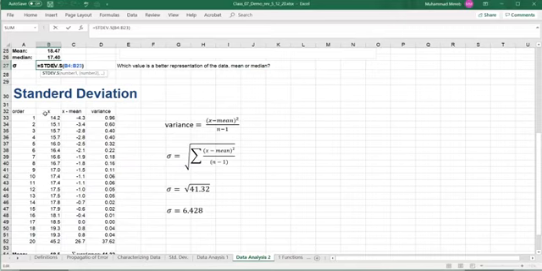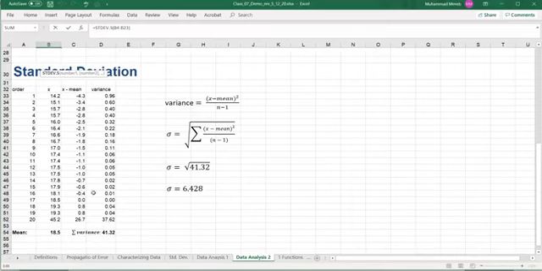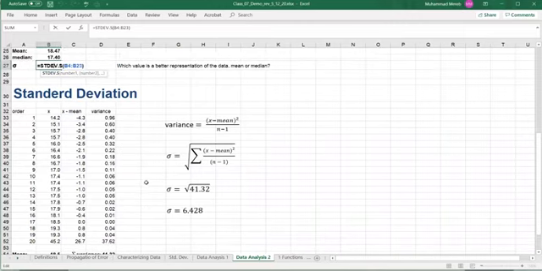So X is the data points, then X minus the mean is the deviation, then the deviation squared over n minus 1 is the variance, and then you find the square root of that. That will give you the standard deviation. Okay, thank you.